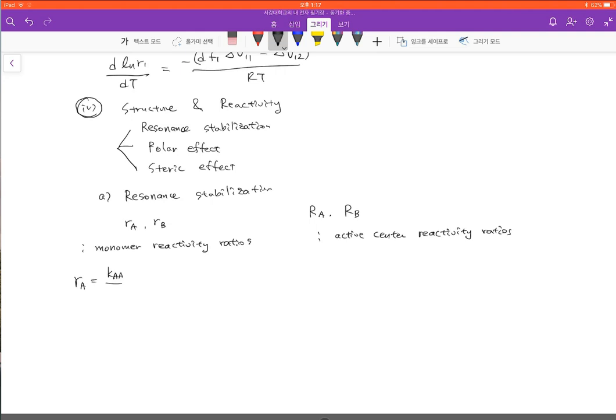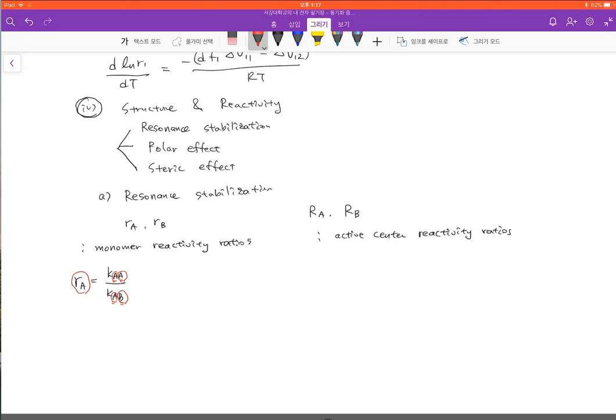So, for example, among two different monomers and radicals A and B, ra is defined as KAA over KAB. When you write the rate constant K, the first is the radical and the second is the monomer.